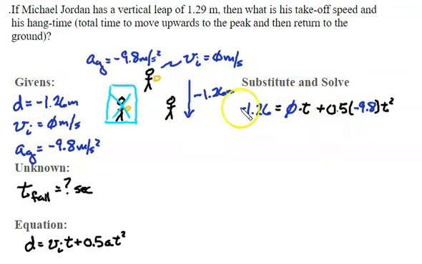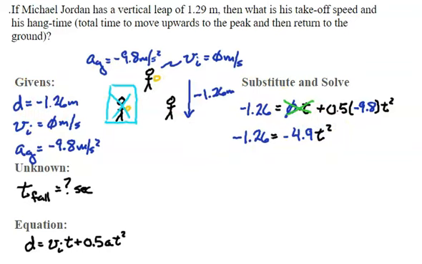Well, any number times 0 is 0, so that blows up, and I'm left with negative 1.26 equals, if I take a half of negative 9.8, I get negative 4.9 times t squared.